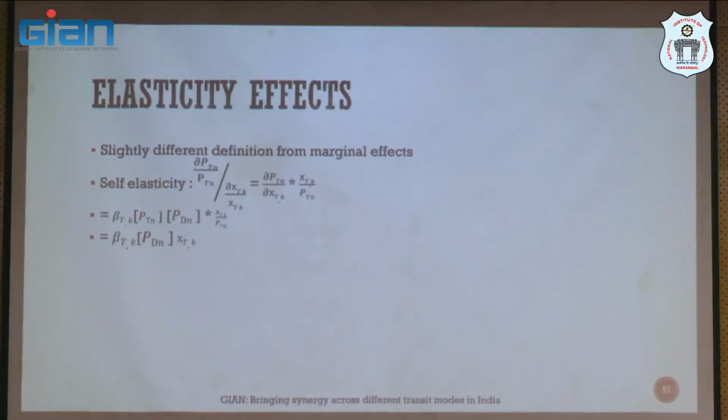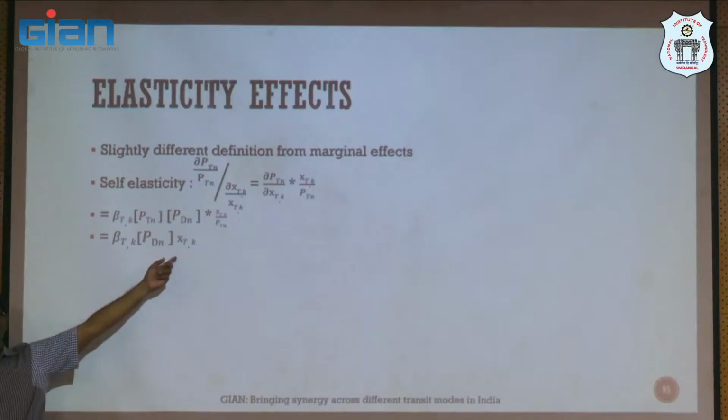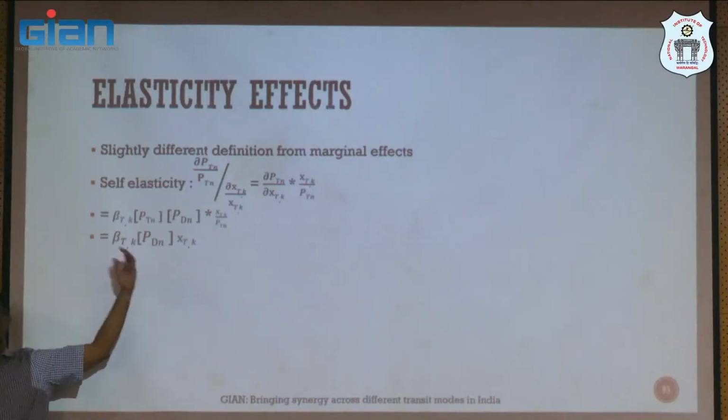So this will give you the percentage change in probability for a particular alternative relative to a percentage change in x. So the elasticity effects are, I think, more useful in interpreting because they also capture the impact of x, the travel time, travel cost. This could be another way of capturing it.